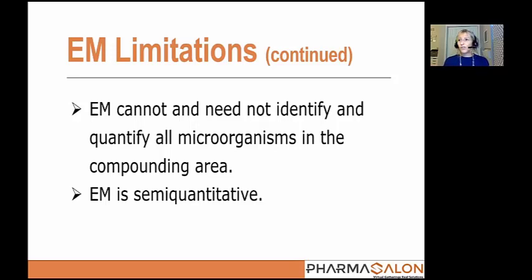It's going to change from minute to minute, especially from an air perspective. So when we think about, let's say, your ISO class 8 ante-room, and it has a certain number of air changes per hour, probably around 20, maybe a little bit more, whatever we recovered in the air at one point in time is going to be different when we sample half an hour later because of those air changes.